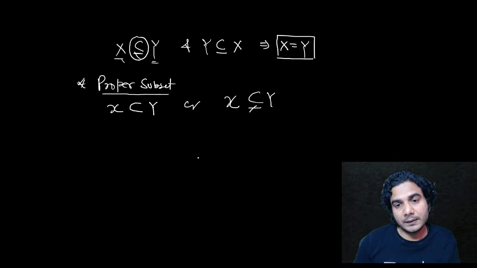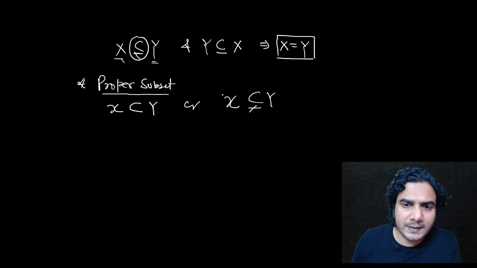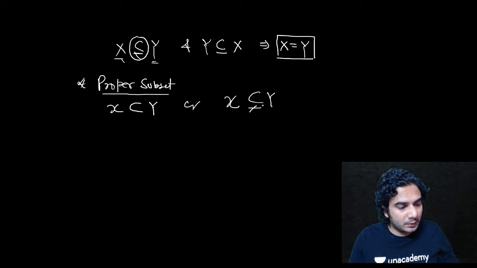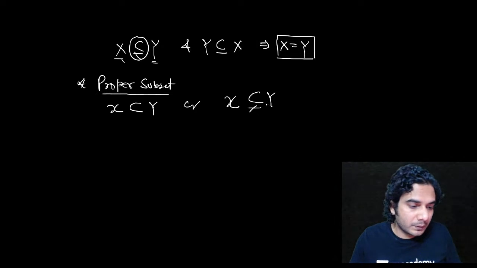You put a cross on this equality sign, like a not sign. So this also represents the same thing, X is not equal to Y. So this is also for proper subset. Proper subset means it is not equal to Y. All right, I hope this is clear.